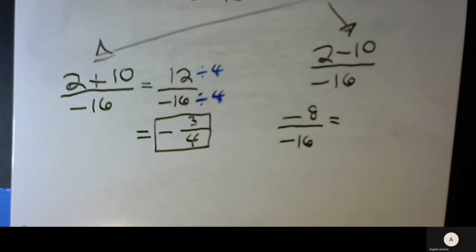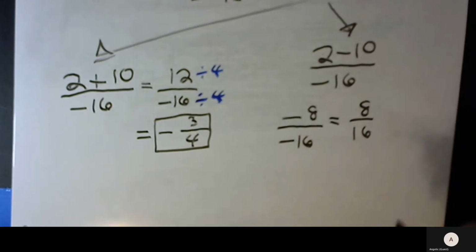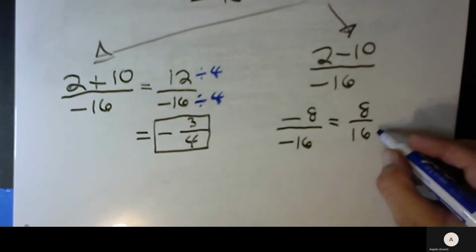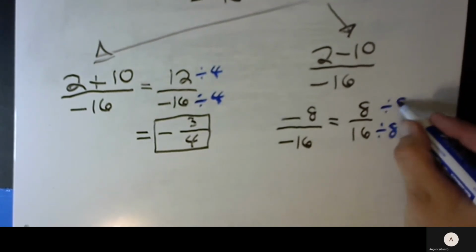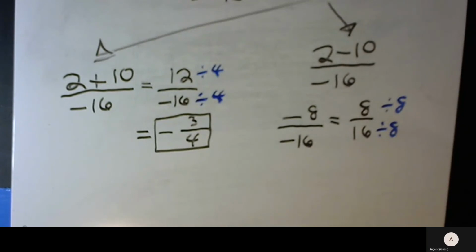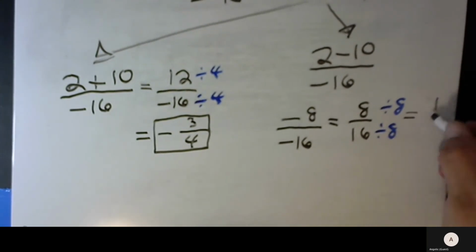Now these are both negative numbers. If you divide one negative by another, they'll come out positive. Negative divided by negative is positive. And these divide top and bottom by 8. And we're going to get 1/2.